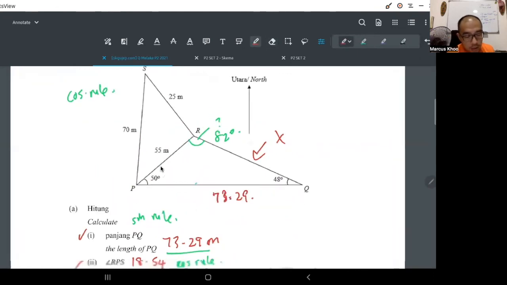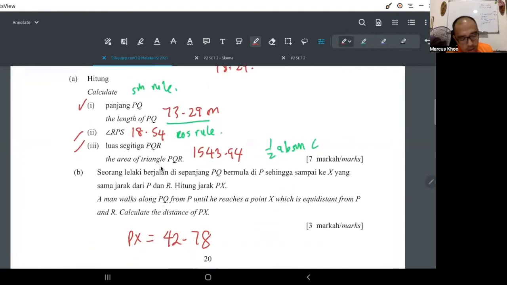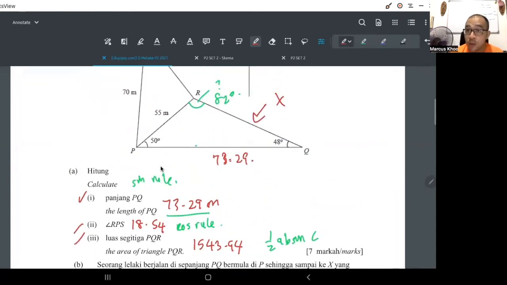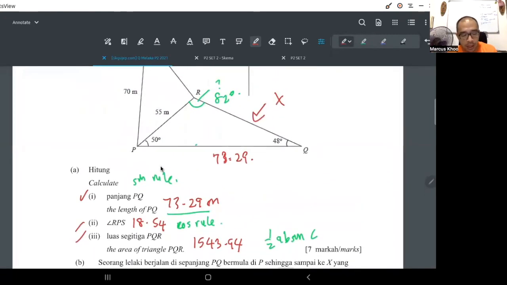Okay, so it says here, the man walks along PQ from P until he reaches a point X, which is equidistant from P and R. So, you know, if this is an ambiguous case, usually I would say, oh, here, then here is its line, and here is the equilateral. Sorry, the isosceles.